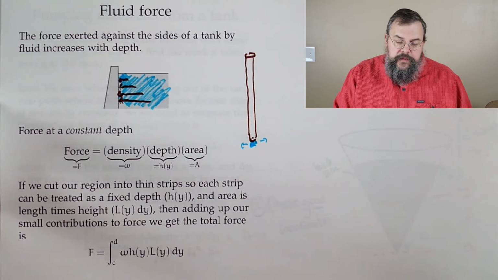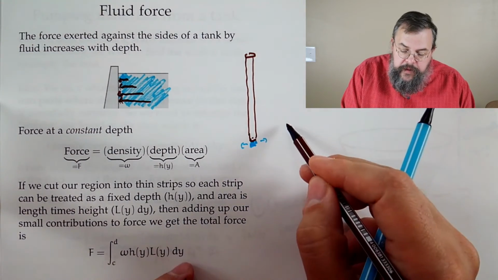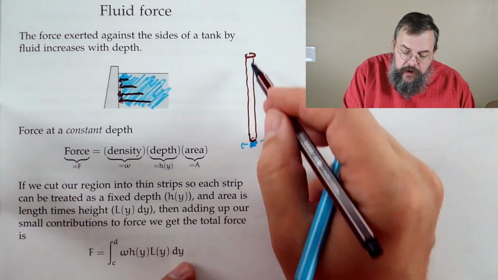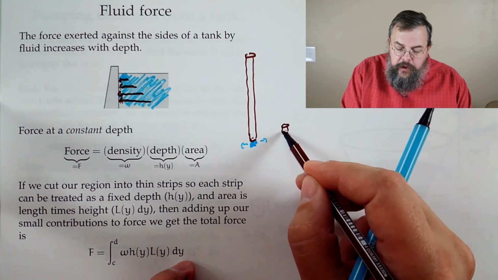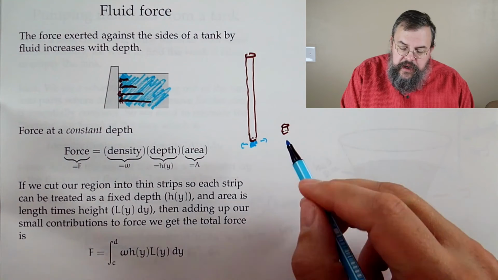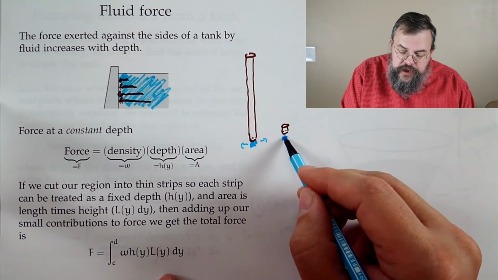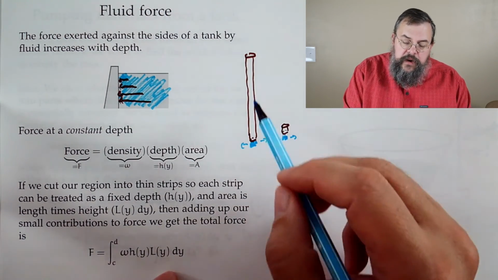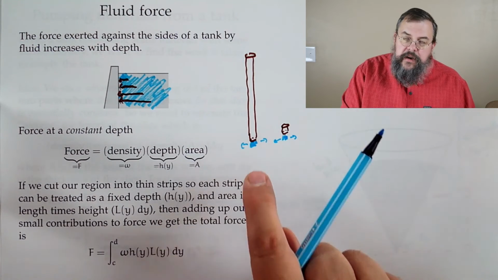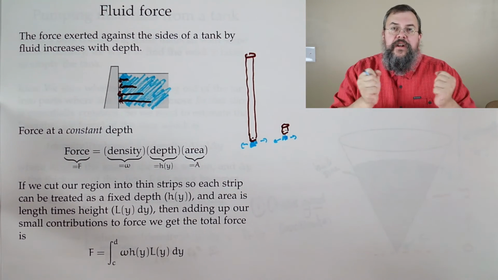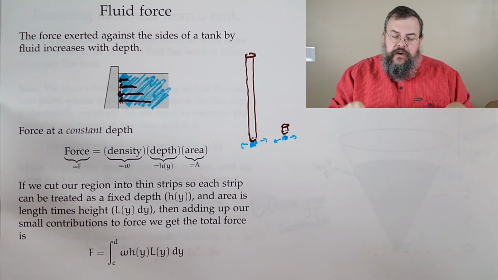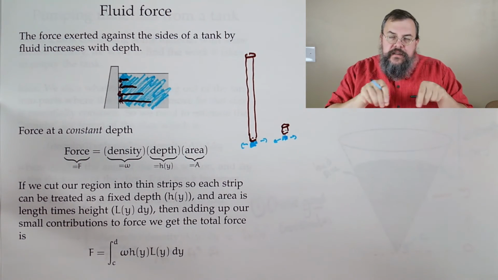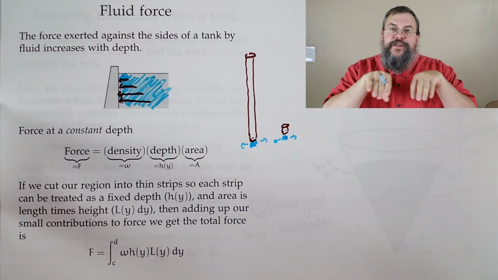Now compare a very tall piece to a very short piece. With the tall piece, there's a lot more pushing down, so the water is much more pushing out, trying to get out. Whereas here, there's not too much on top of it, so it doesn't feel much stress to get out.